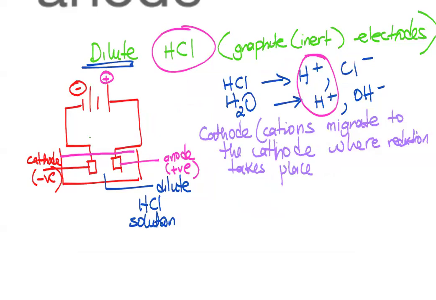So what will happen at the cathode? We'll have reduction, which is a gain of electrons. You will write it like this. Always put your state symbols. A question could ask you, state the observation at the cathode.